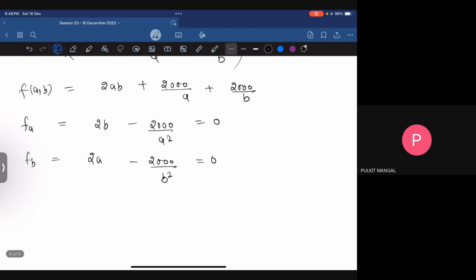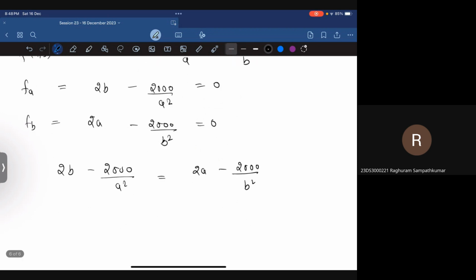Okay, so again we can consider that their RHS is the same, so I can just consider this case. If I take 2 common from both sides and cancel it, I will be left with this.